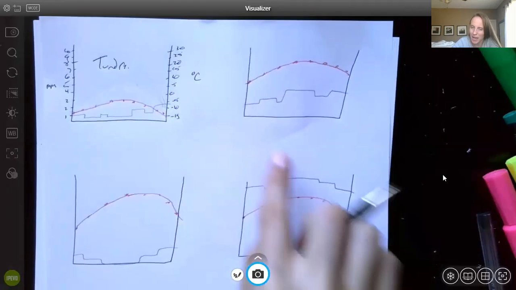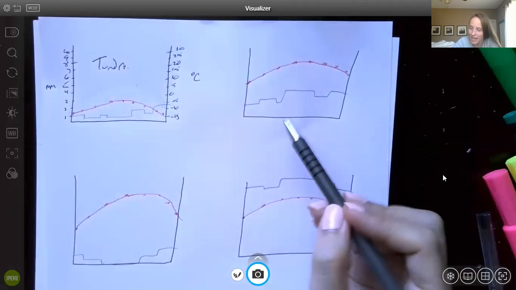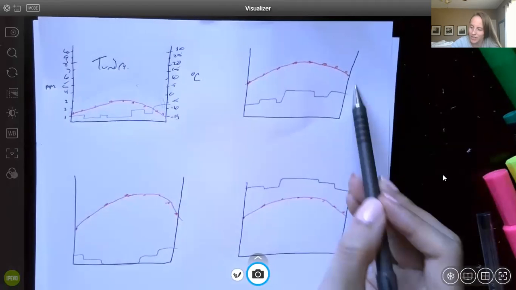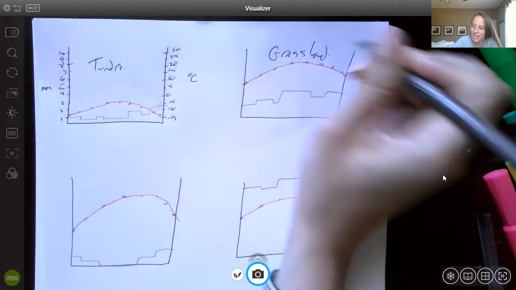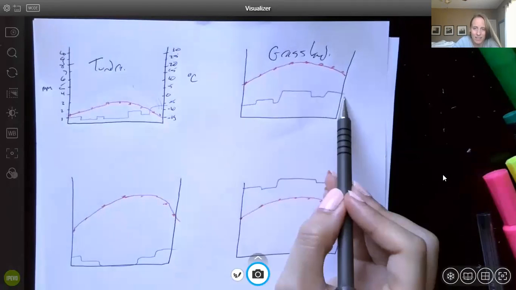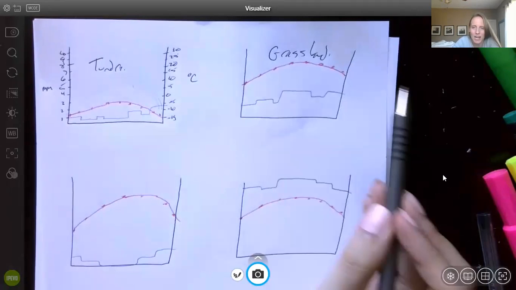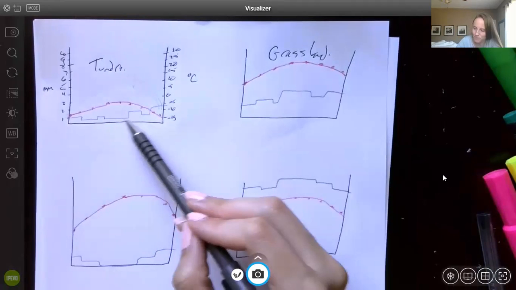Now, if you have a bit higher amounts of precipitation and higher temperature, that is going to be a grassland. It still is a fairly low amount of precipitation. It's not like a middle amount, but it's more precipitation than you would get in a tundra.